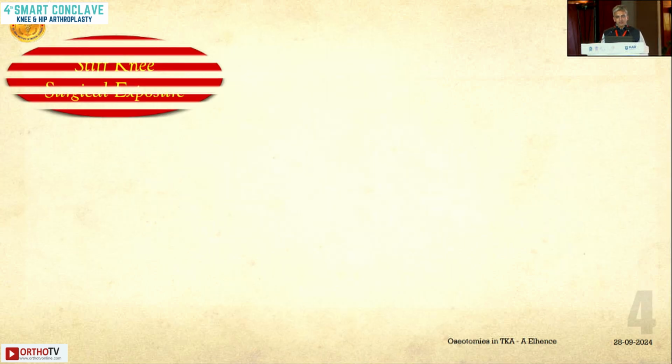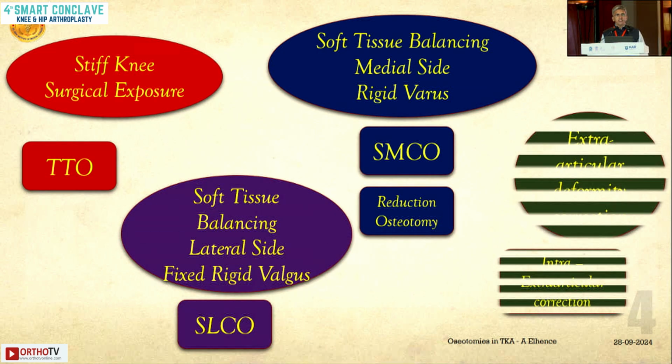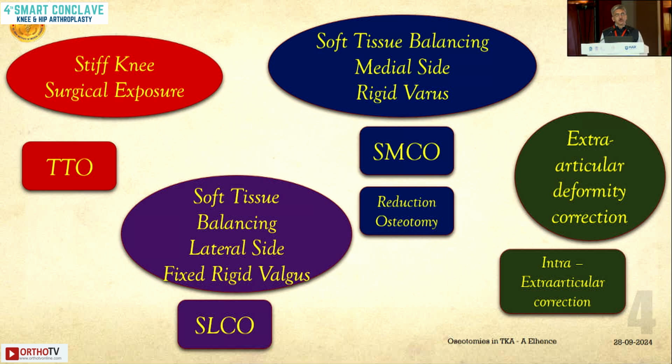extra-articular deformity corrections. So if you actually see what kind of osteotomies are required, a stiff knee will require something like a distal augmentation, which is a tibial tubercle osteotomy. The soft tissue balancing for the medial side of rigid varices need the reduction osteotomies and the sliding medial condylar osteotomies.